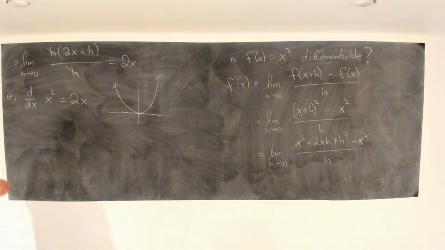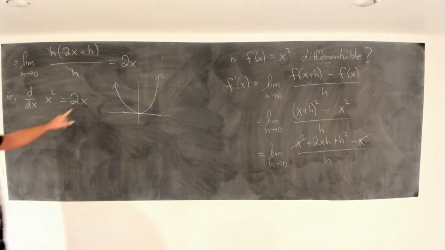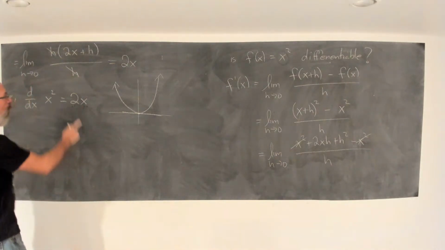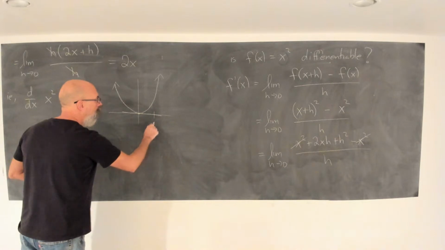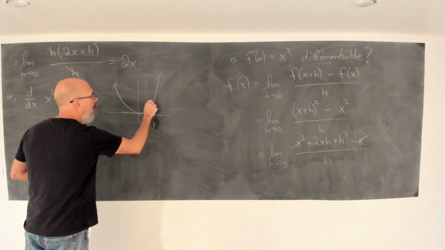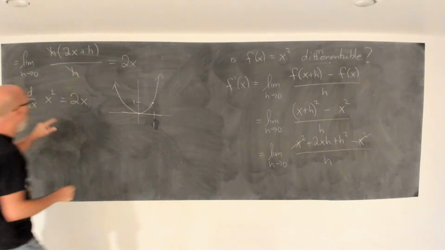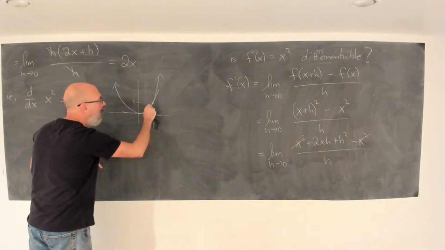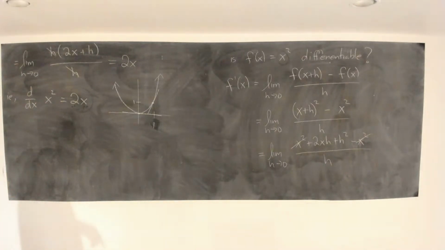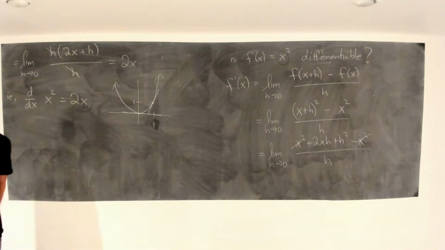This is yet another notation. If x is 1, so at the point 1, the slope of the tangent line is 2, and so on and so on.